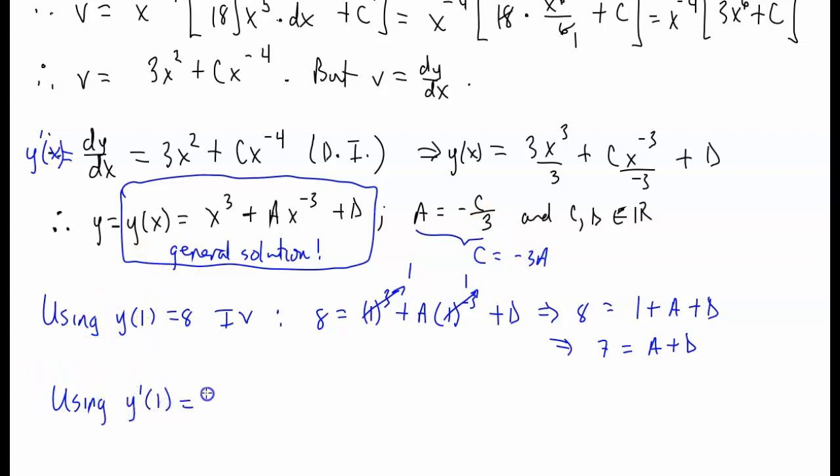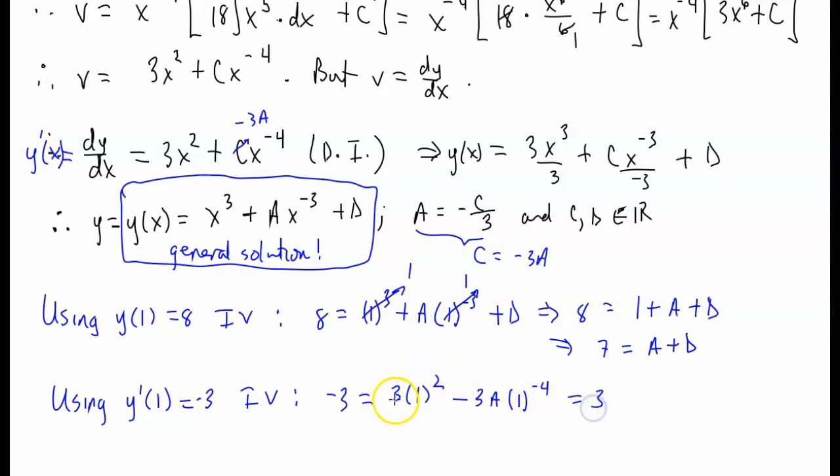So if I'm using y prime of 1 equals minus 3, that's the other initial value, then for y prime of 1 the outcome is going to be minus 3. And we have 3 times 1 squared, and instead of c being here, this is going to be minus 3a, and then 1 raised to the negative 4. And so here we'll be able to easily solve for what a is.